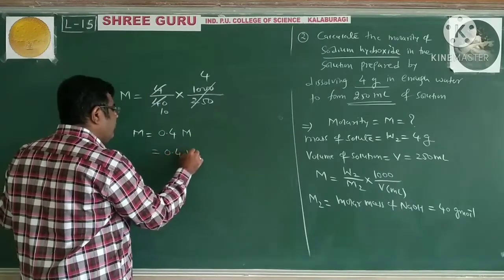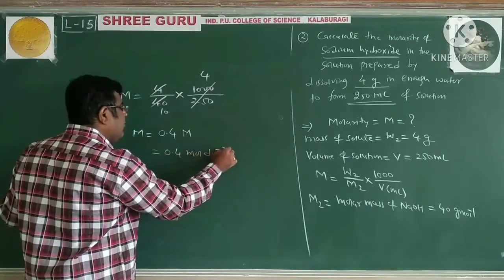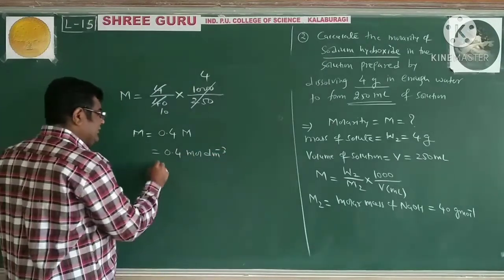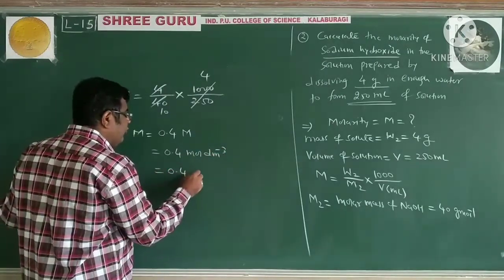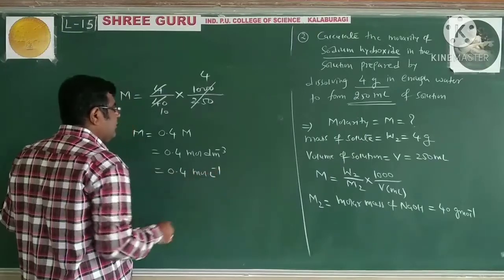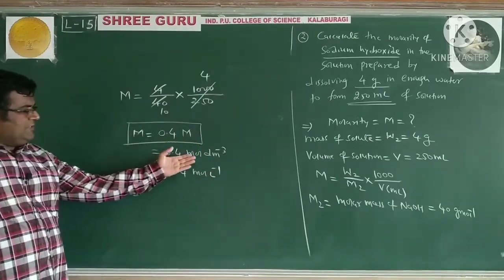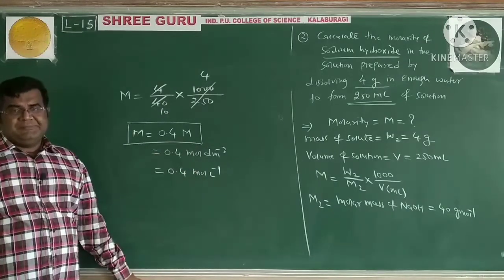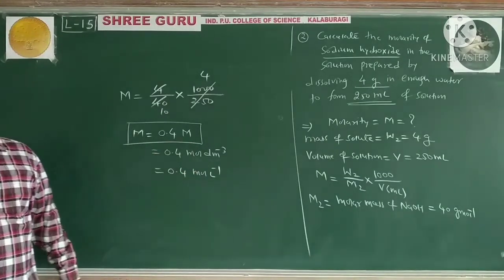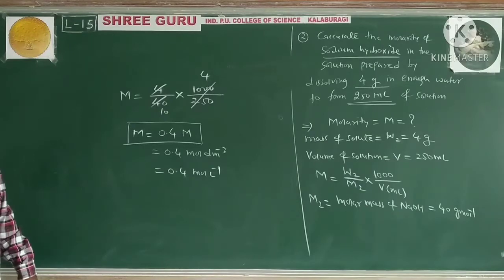Or 0.4 mole per cubic decimeter we can write. Or 0.4 mole per liter we can write. We can express this in these terms or just we write capital M. That is nothing but molar. So this is the way in which this question can be solved.